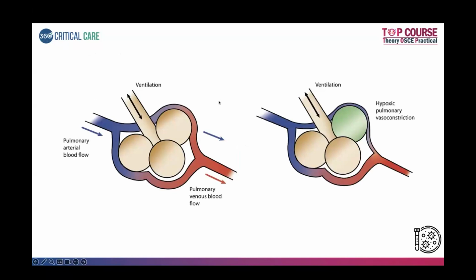As you can see here, there are normally ventilated lung units, and as deoxygenated blood flows and passes through these ventilated units, it gets oxygenated and returns to the patient. But when there is a unit which is not ventilated, it induces an HPV response whereby the blood present in this area is diverted to the well-perfused, well-ventilated areas.